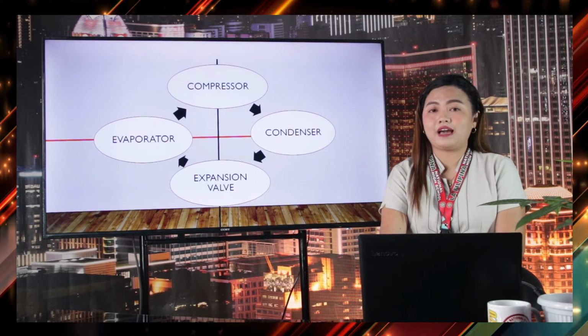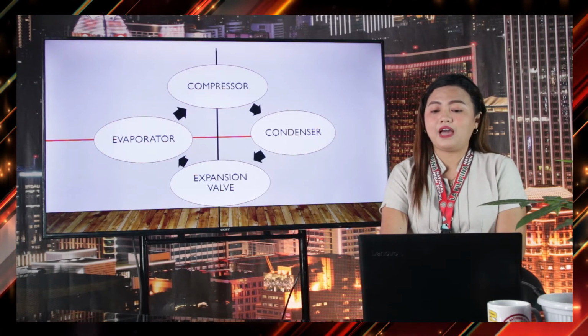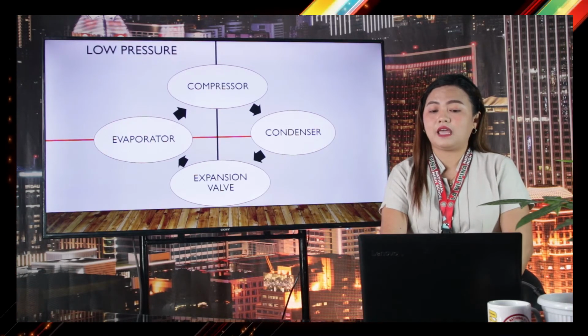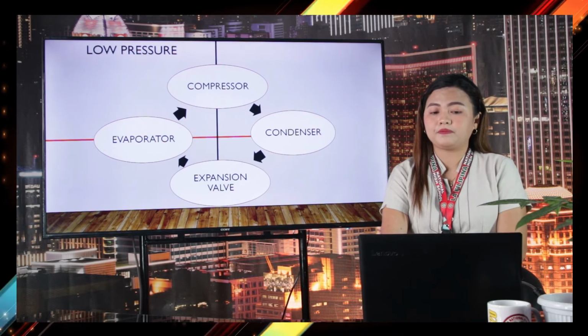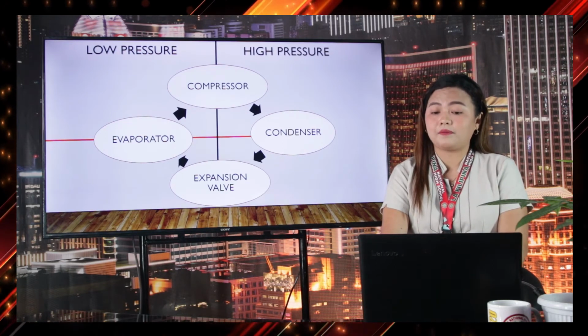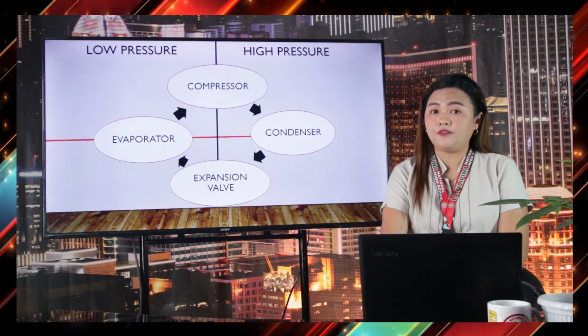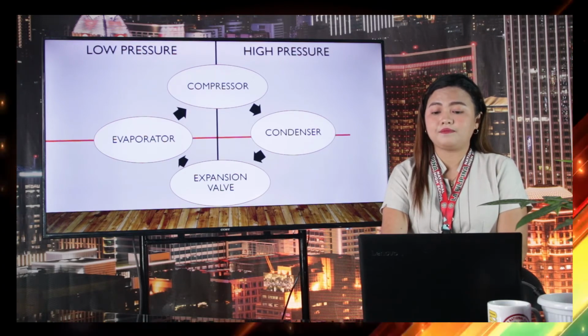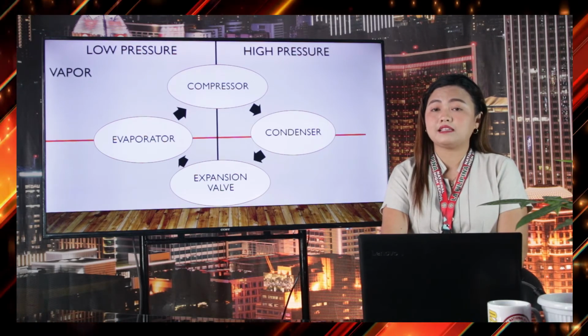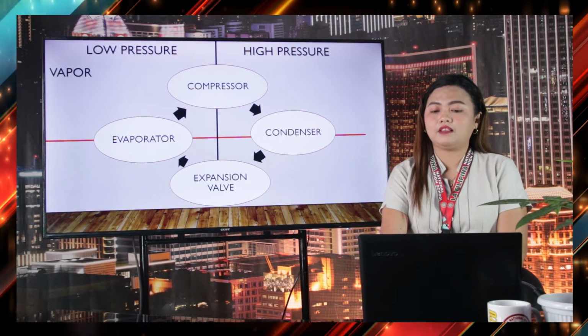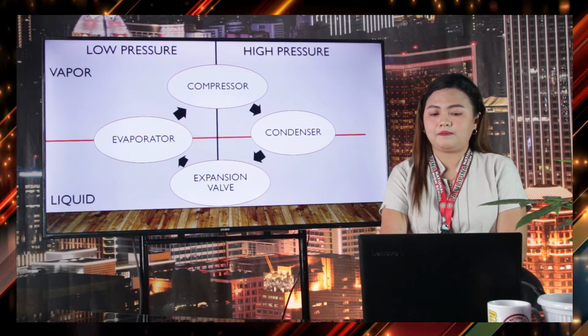Vertically, or the y-axis, the left side is labeled as low pressure and the right side, high pressure. If we divide it horizontally, the upper part is labeled as vapor and the lower part is liquid.